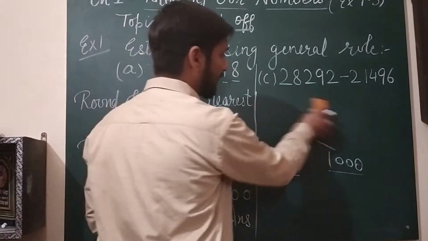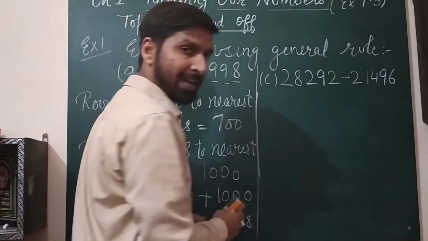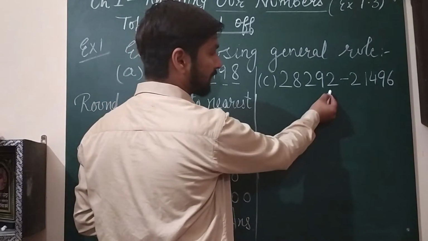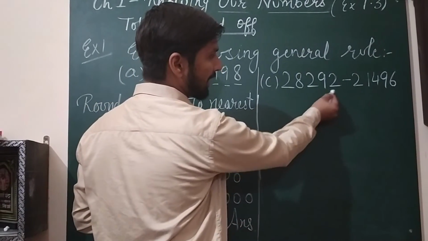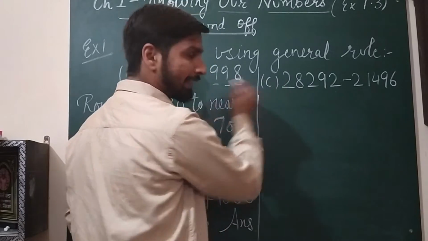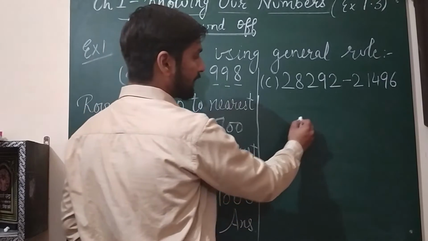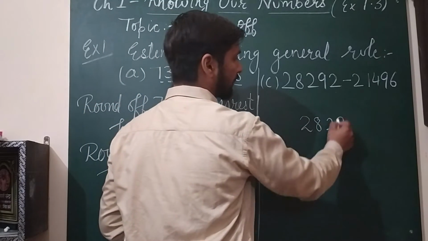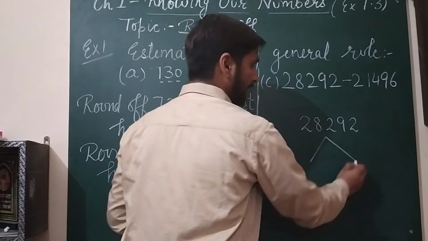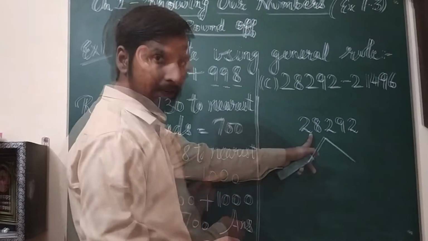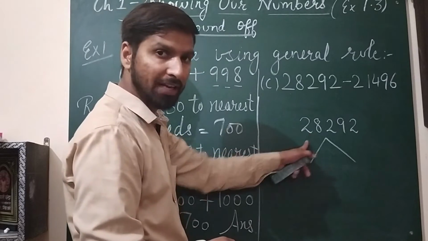Now moving to C part. Again using general rule, I have to check the place of the number given to me: ones, tens, hundreds, thousands, 10,000. Now the place is 10,000, so I have to check 28,292. I have to find out basically two numbers according to 10,000's place in which 28,292 lies between.